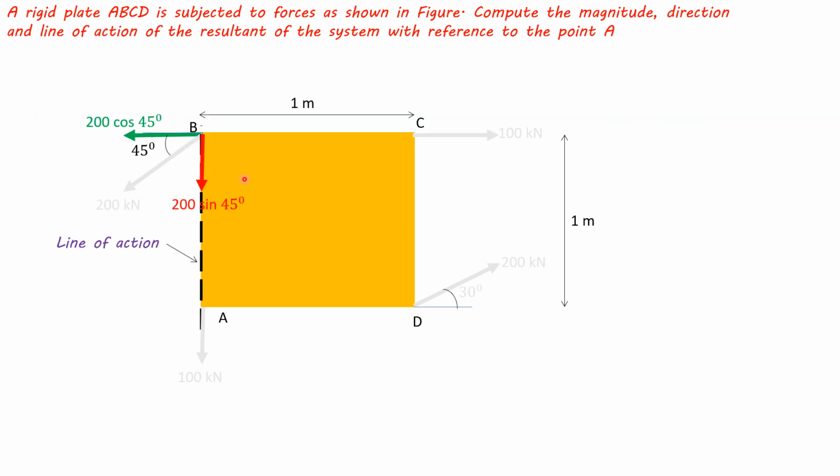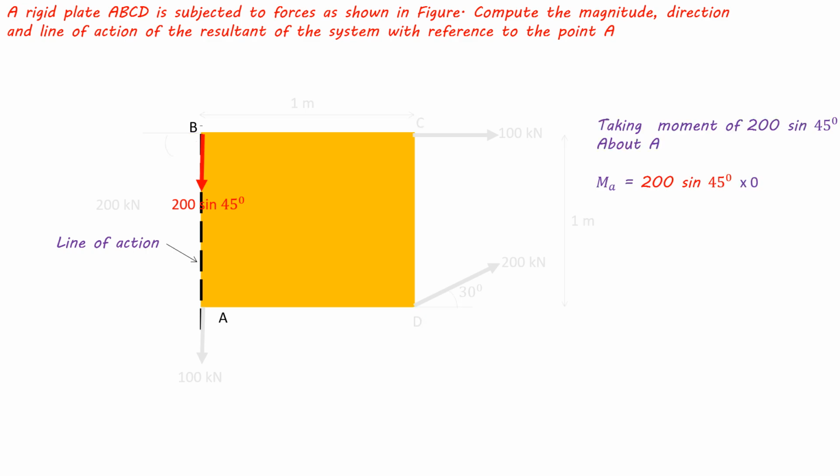The vertical component 200 sin 45 degrees has its line of action passing through point A, so the perpendicular distance is 0 and its moment is 0.